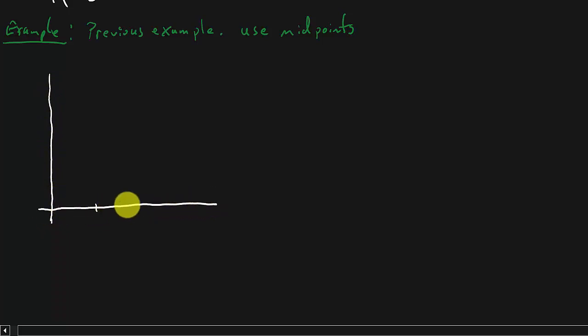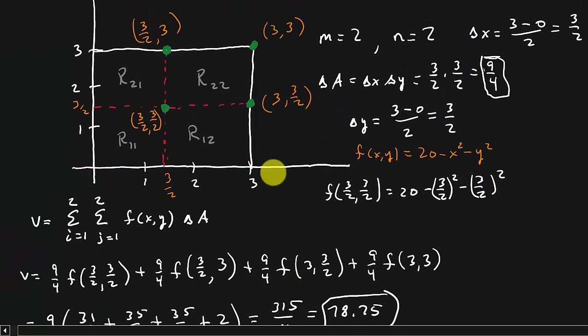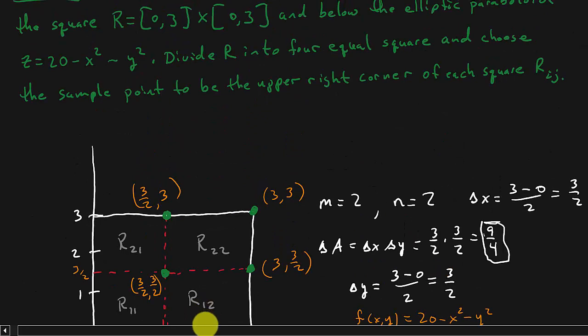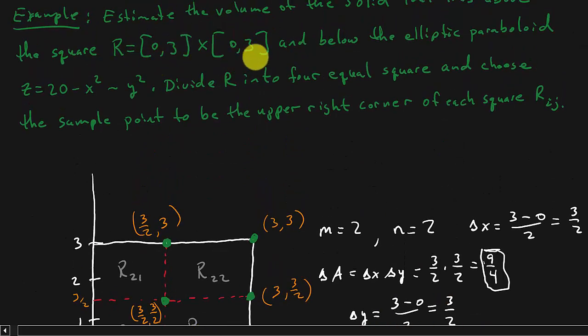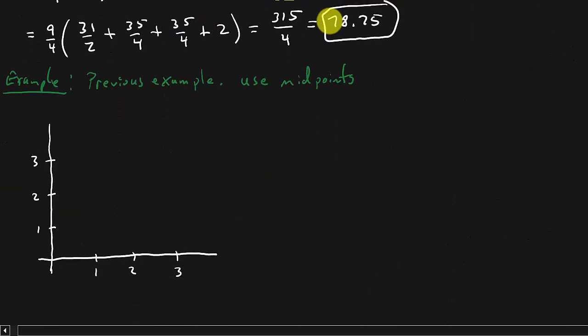So I've got 1, 2, 3, 1, 2, 3. And hopefully you can see why we're going over 3 and up 3. That's because that's what they give us, [0, 3] by [0, 3]. All right, so let's draw this in here.